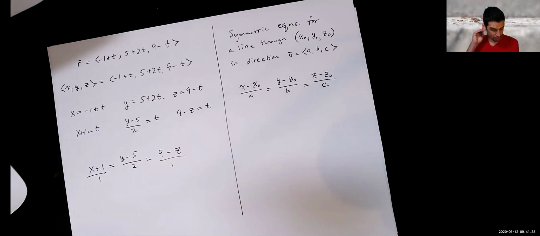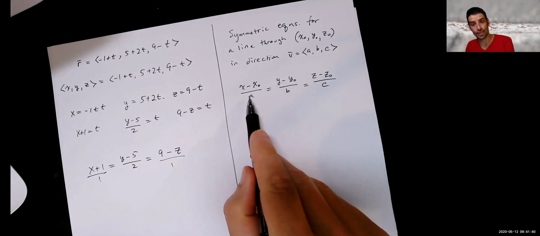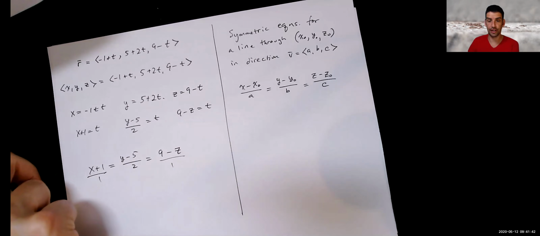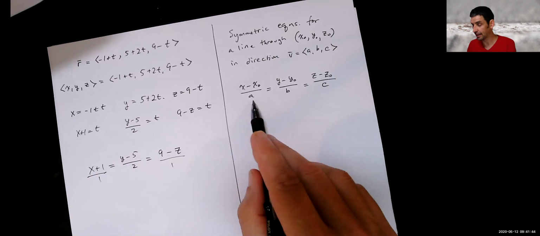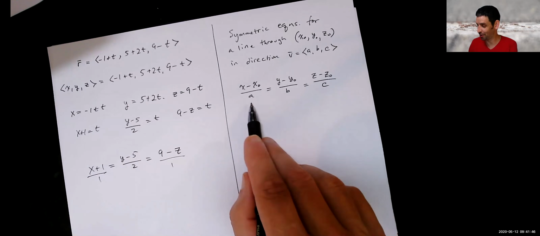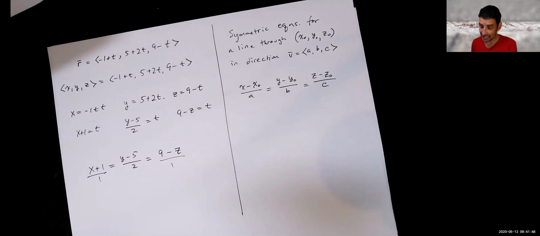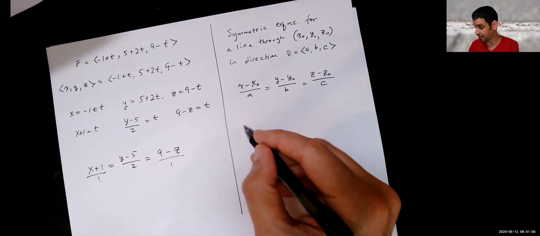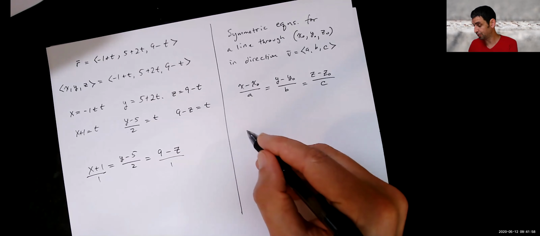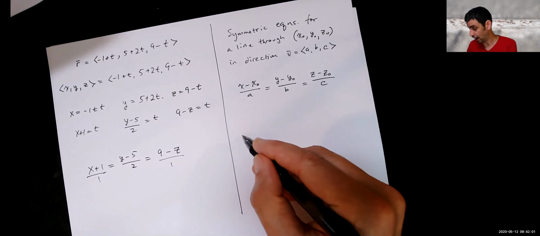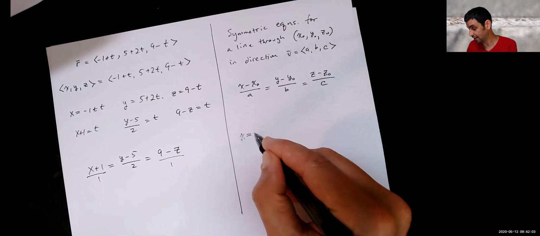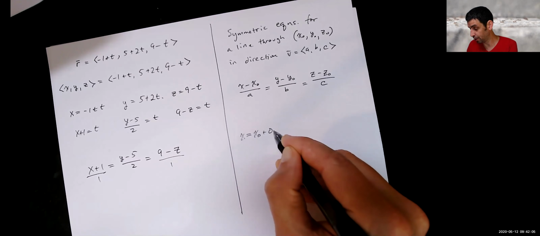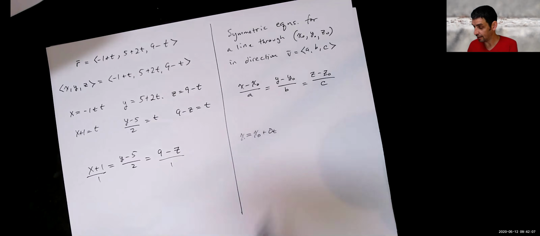And one question you might ask is, wait a second, we're dividing by a number. There's no reason that the number doesn't have to not be 0. And that's true. So in the case, for instance, if a was equal to 0, then we wouldn't be able to do what we did here, right? The parametric equation for x would simply have been x equals x naught plus 0 t.